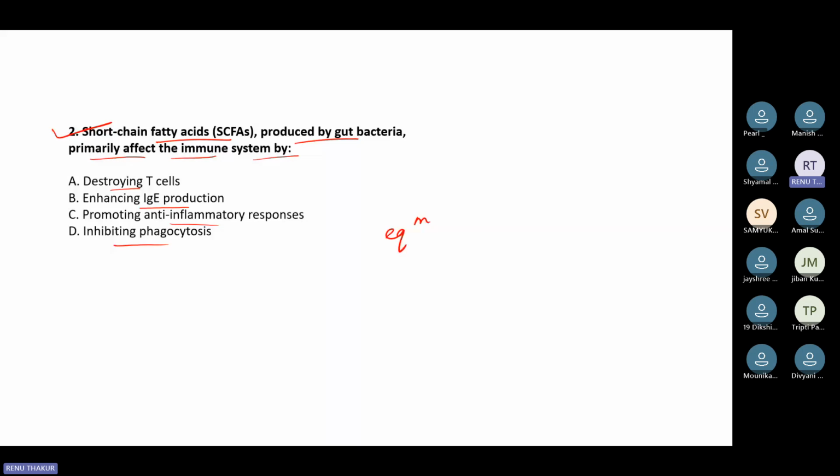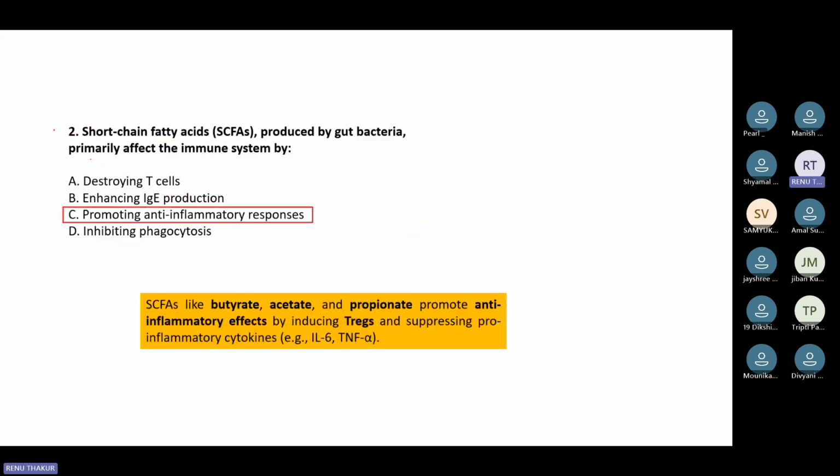So our body also has certain drawbacks in fighting against pathogens, and needs to be in an equilibrium state. So whatever the gut bacteria do, they promote anti-inflammatory responses to protect the body's homeostasis. So the right answer is option C.